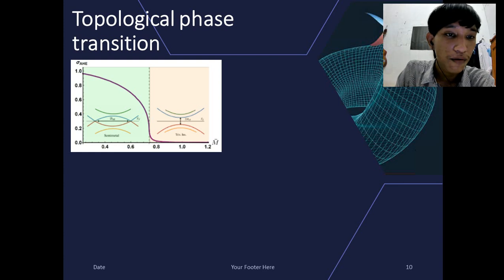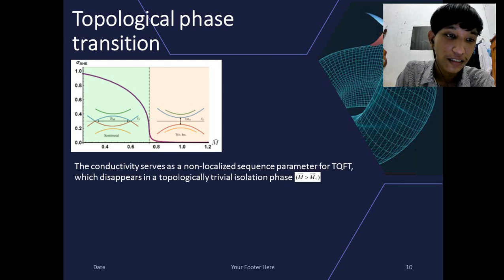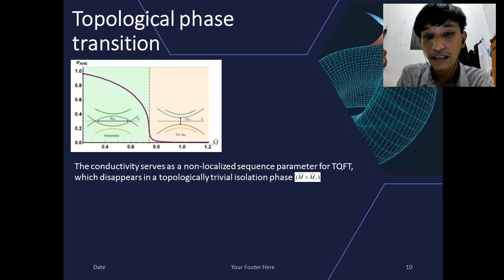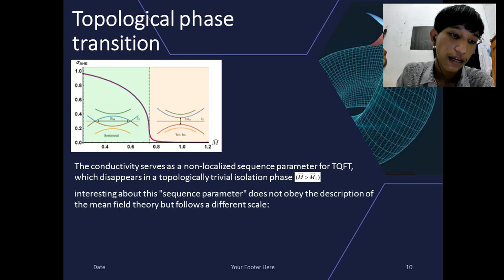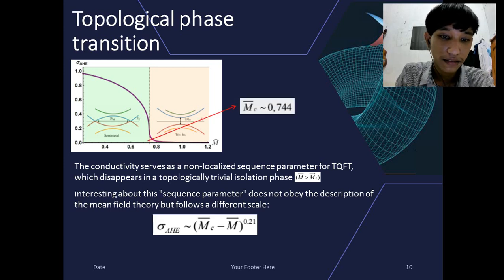After that, I want to show the conductivity behaves as a non-localized order parameter, and it disappears in the topologically trivial insulating phase. Interestingly, the order parameter does not obey the description of mean field theory, but you can see the equations for that.